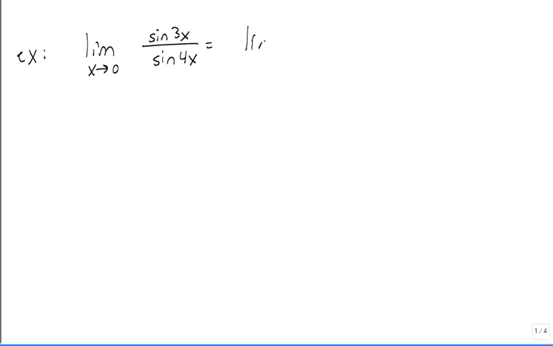Okay, here we have to break this apart. We need a 3x in the denominator, so I'm going to put a 3x in the denominator and make those the same, but then I have to multiply by 3x. And then for the denominator, I already have sine 4x.